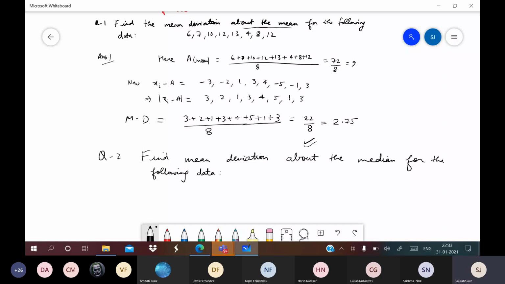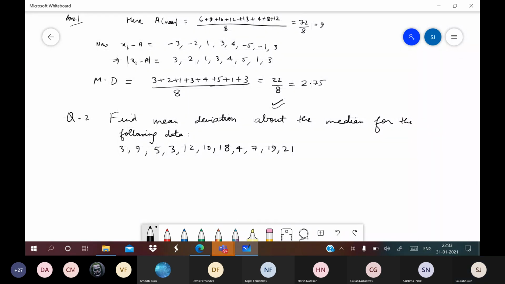And the values are 3, 9, 5, 3, 12, 10, 18, 4, 7, 19, 21. Solve this. Every one of you try this question, very simple. Tell me what is the value. Try to avoid calculation mistakes.